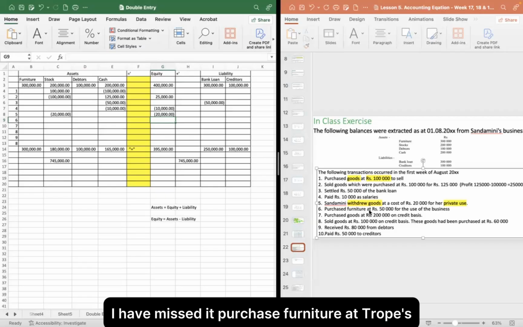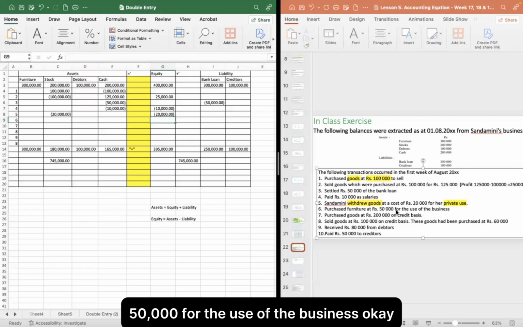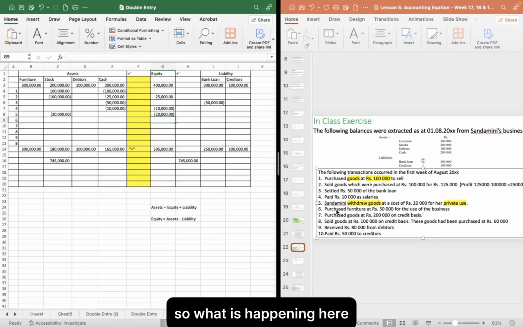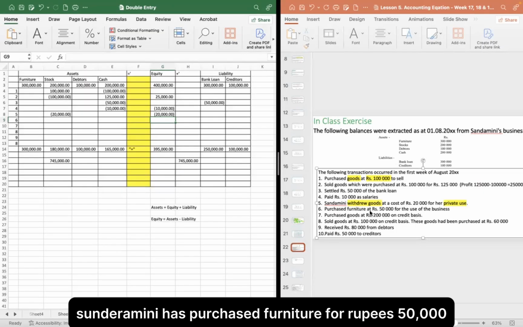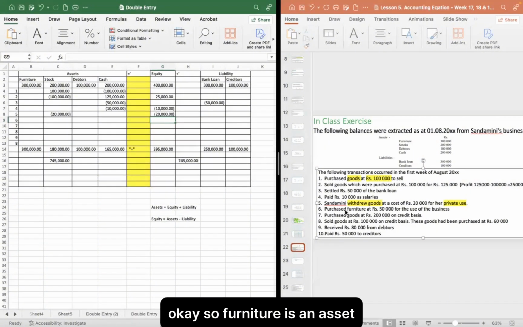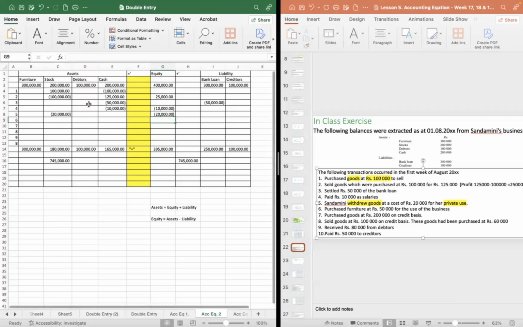Sixth one, I have missed it. Purchased furniture at rupees 50,000 for the use of the business. So what is happening here? Sandhamini has purchased furniture for rupees 50,000. Furniture is asset, rupees 50,000 is an asset, furniture asset, and rupees 50,000 is cash asset. අර සල්ලි දෙනවා රුපියල් 50,000 දෙද්දි මොකද වෙන්නේ?